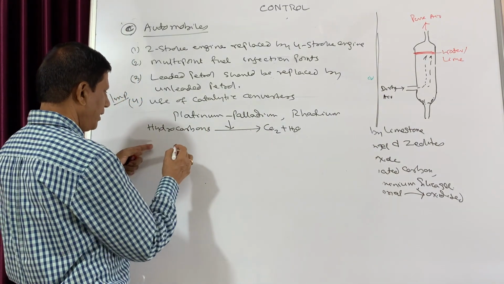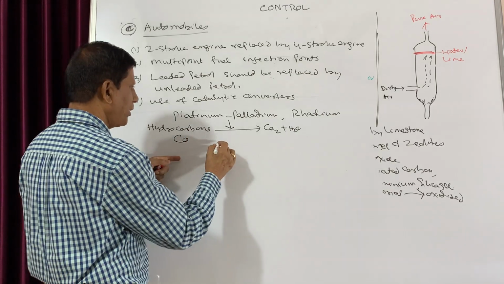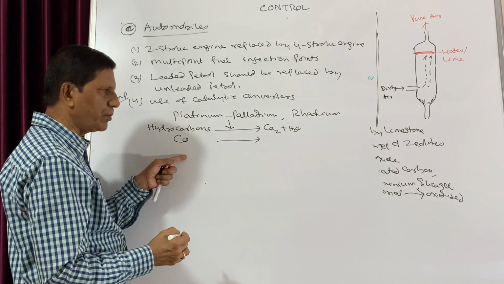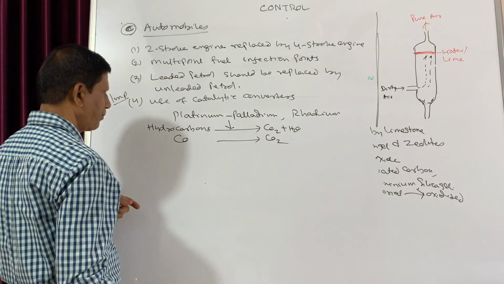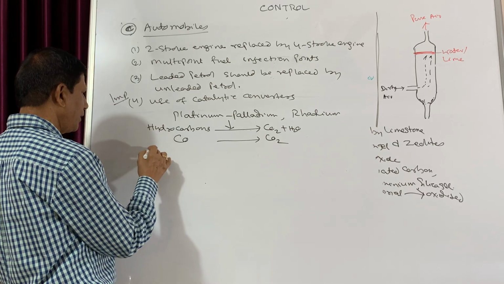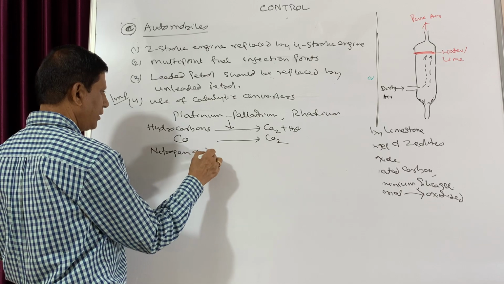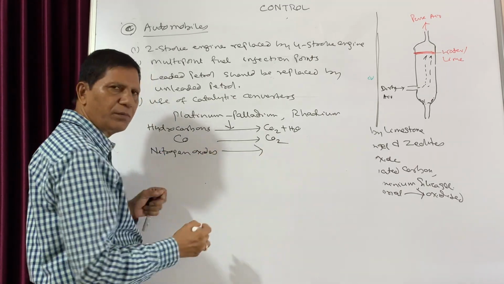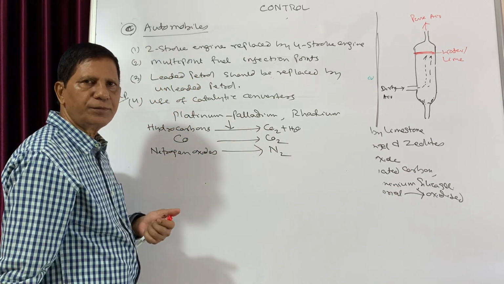The second one, take carbon monoxide. Carbon monoxide is a pollutant, but when it passes through the converter, it will be converted to carbon dioxide. Similarly, take the nitrogen oxides, and when they pass through the converters, they will be converted to nitrogen.